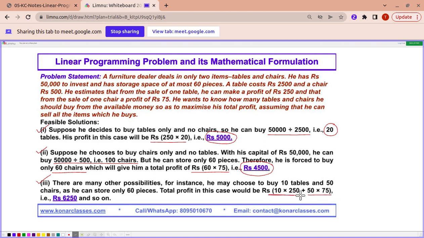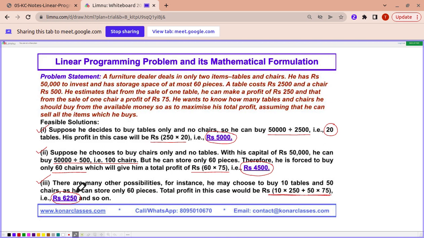So the total profit will be rupees 6,250. So we see there are three different cases, and in these three cases there are three different profits, correct. I hope you got it very clearly.